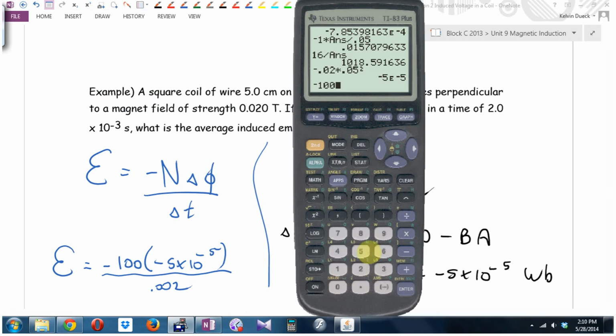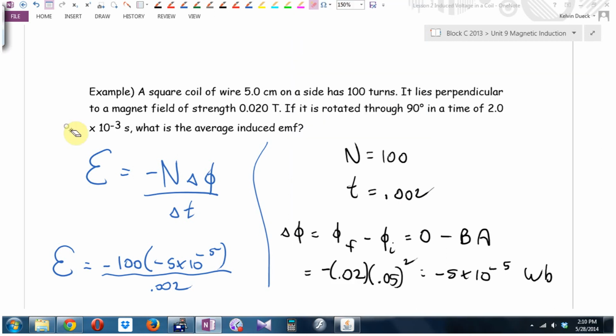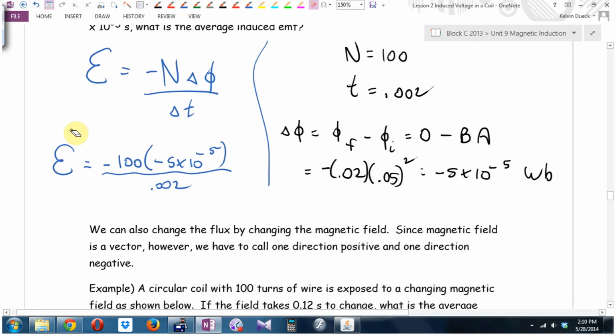Hey, this is a little better. 2.5 volts. The induced voltage will be 2.5 volts.